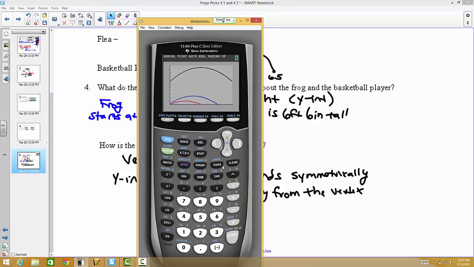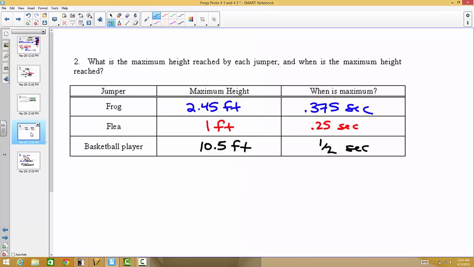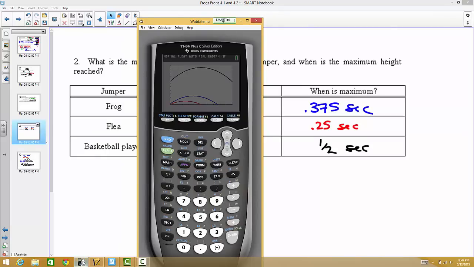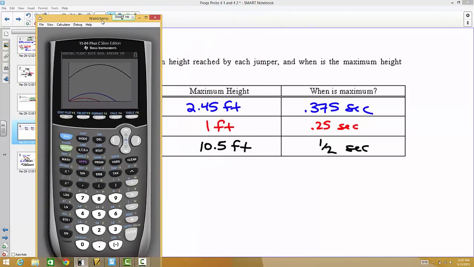So I'll pull it back up one more time. I'm going to pull these numbers up so you can see them. So these are all of your vertexes. So the first one is actually the blue graph. No, yeah, that's right.